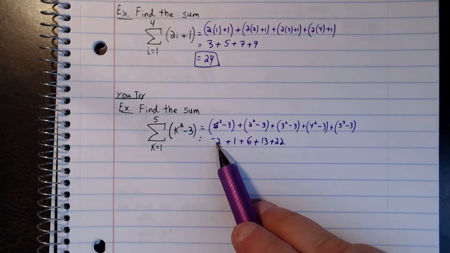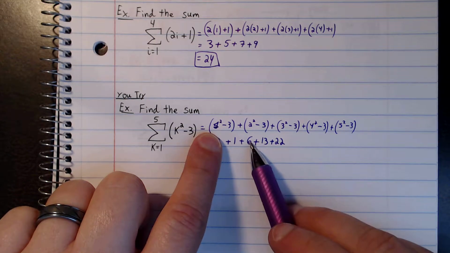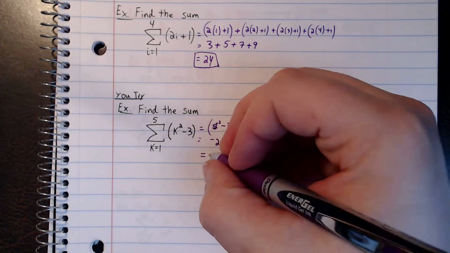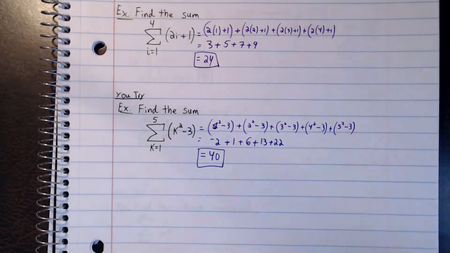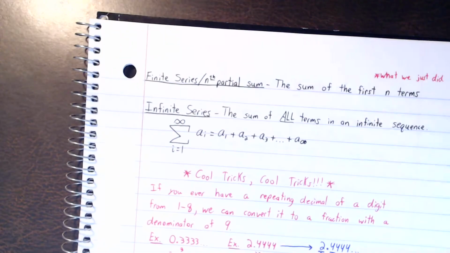All right, let's see. So that's 20. 33, 36, 39, 40. We end up with 40. Not bad, right? Actually kind of fun to do, if you're a nerd like me, I guess.